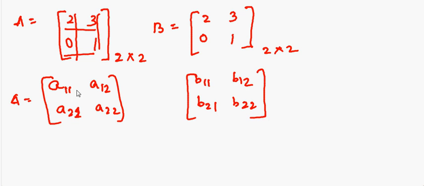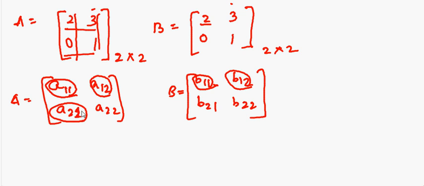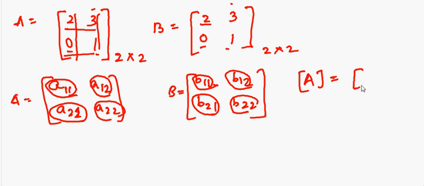The corresponding element of A11 is B11. Here it is 2, and here also 2, so equal. A12 and B12 are 3 and 3, also equal. A21 is 0 and B21 is also 0. A22 is 1 and B22 is also 1. Since all the corresponding elements of the two matrices are equal, I can say matrix A is equal to matrix B.